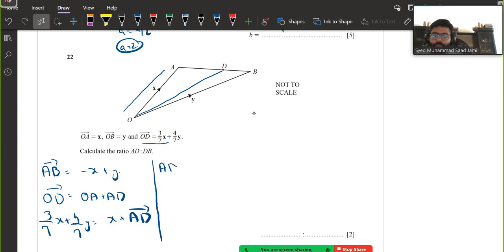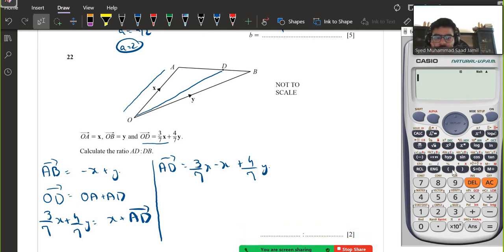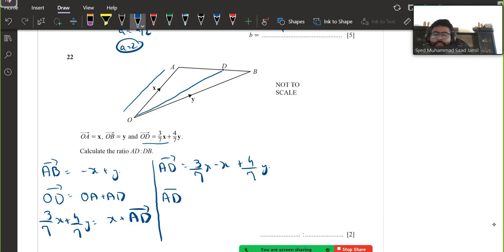AD is equal to 3 upon 7x minus x plus 4 upon 7y. Simply 3 upon 7 minus 1, I can write minus x as minus 1x as well. It's going to be minus 4 upon 7. AD is now minus 4 upon 7x plus 4 upon 7y.